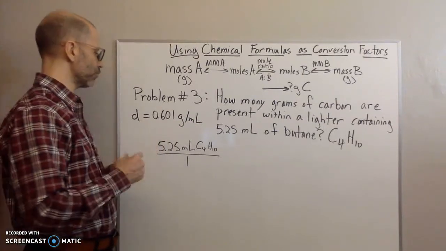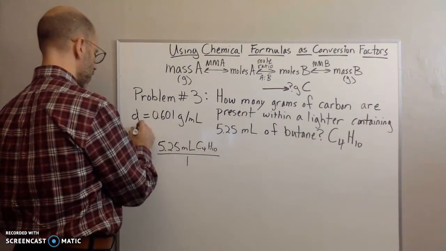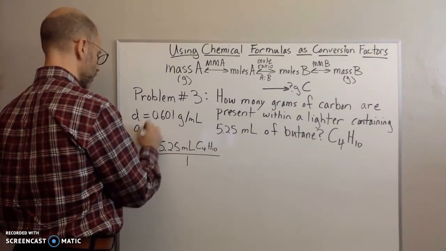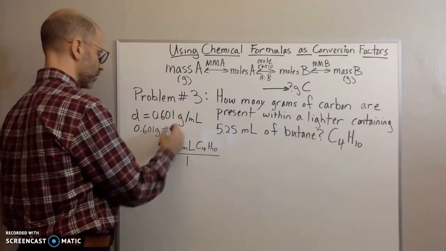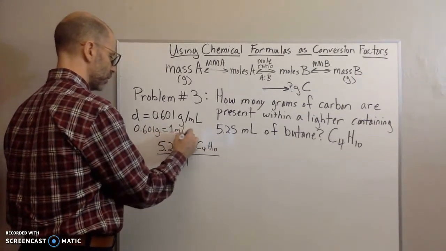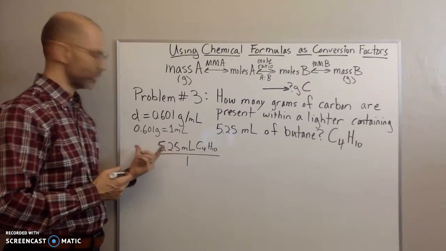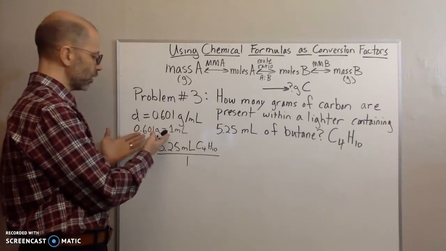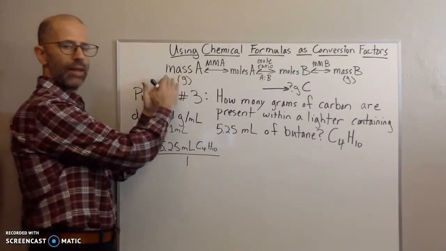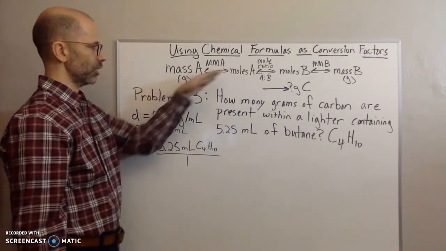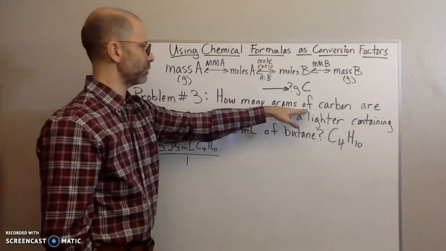So for every 1 milliliter, 0.601 grams of the butane is going to equal 1 milliliter of the butane. So we have a relationship between milliliters and grams. We have milliliters, so we can use this to convert to grams. And once we're on grams, we're on the superhighway. So now we can use the roadmap to get to where we're asked to go, which is grams of carbon.